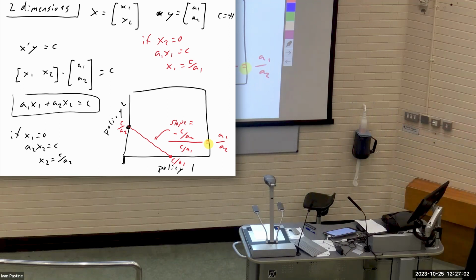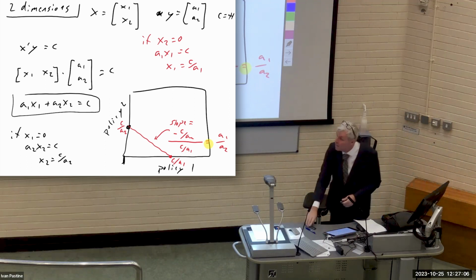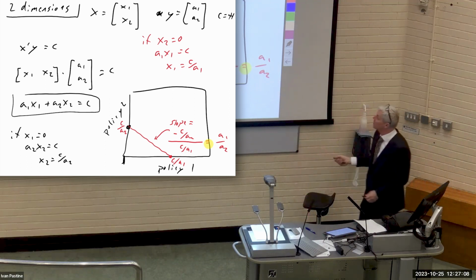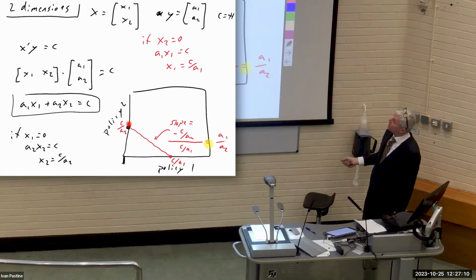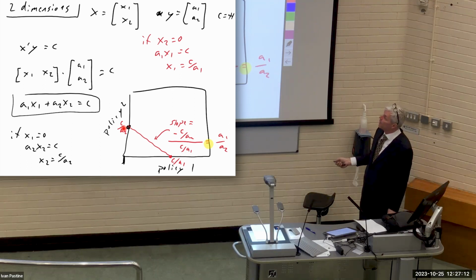All right. And so here, the important thing is that you can really see, okay, we can calculate the slope of this line, and we can calculate the intercept. The intercept is c over a2. And so if we change c, we're changing the intercept. And if we're changing y, we're changing the slope. Right?